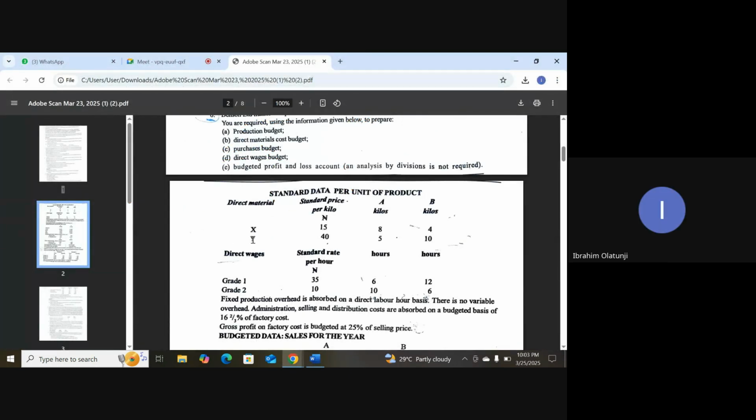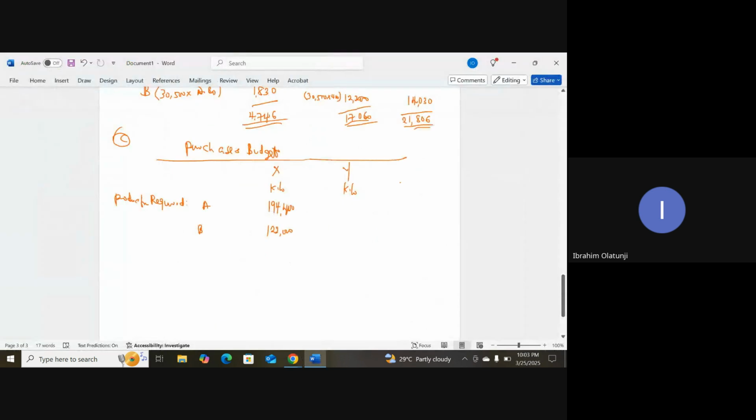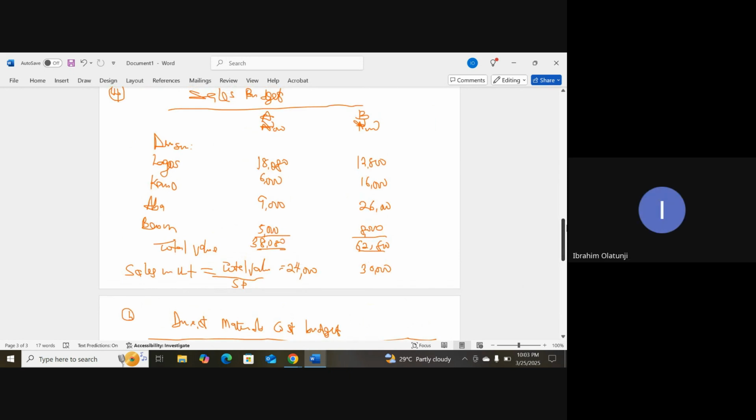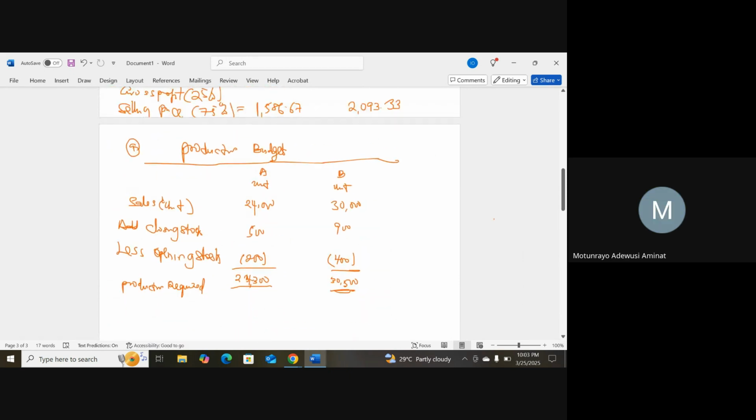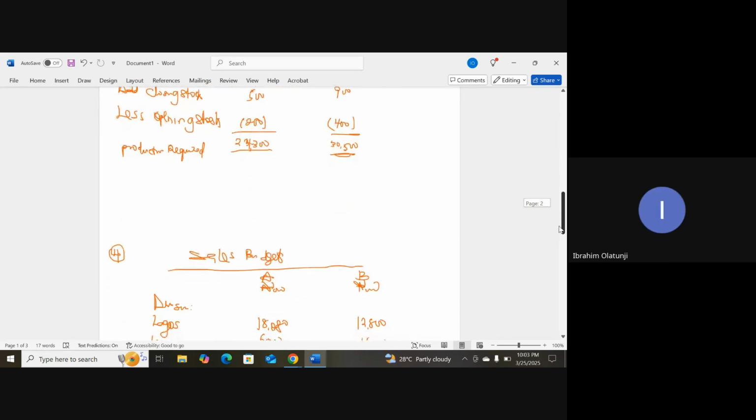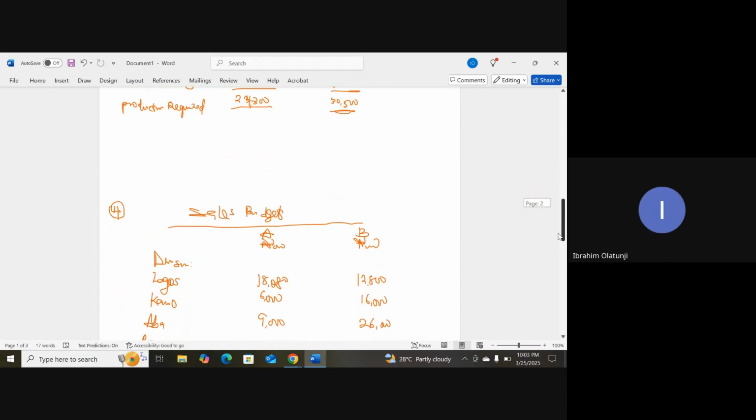Under material Y, you use how many kilo? Under A, 5 kilo. Under B, 10 kilo. So you use the same thing: 5 kilo multiplied by 24,300 and 10 kilo multiplied by 30,500. What do you have?